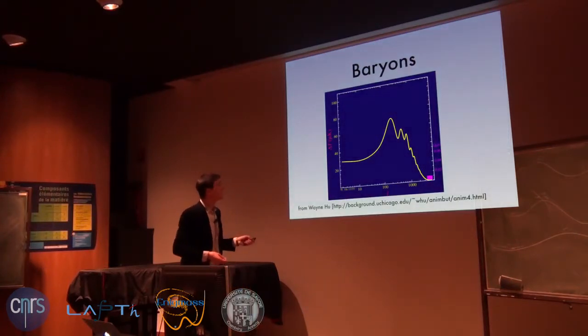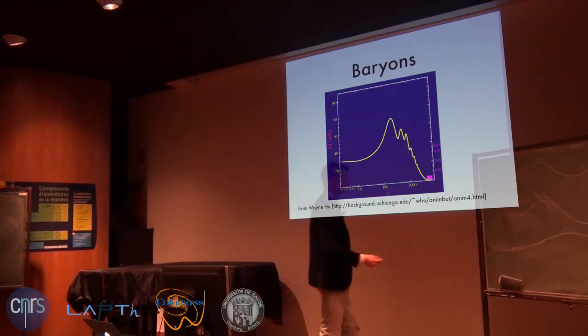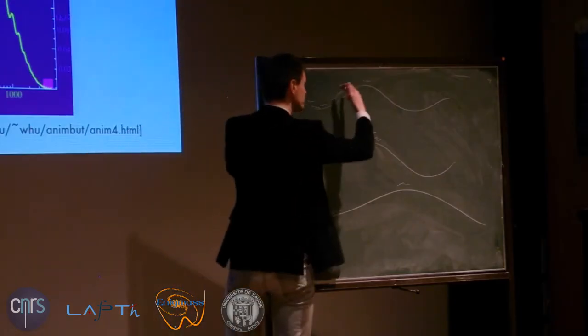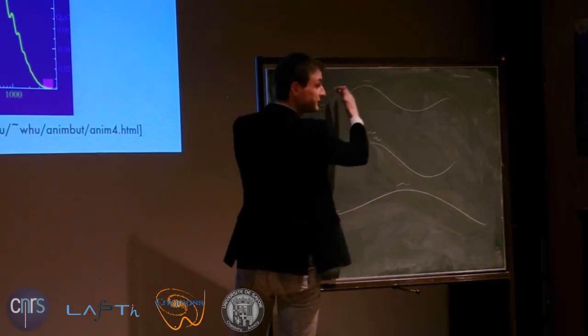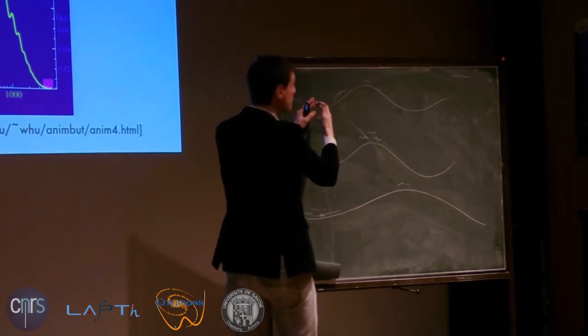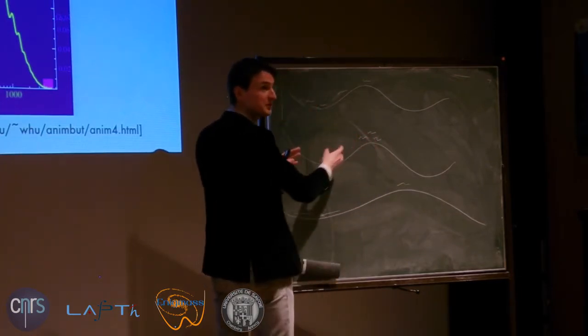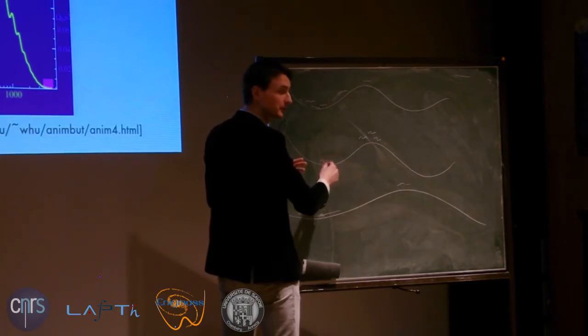Now what happens if I add more baryons? If I add more baryons, then the gravitational pull towards this first oscillation is large, and my maximum expansion will be slightly less efficient because I have too much mass to move around.